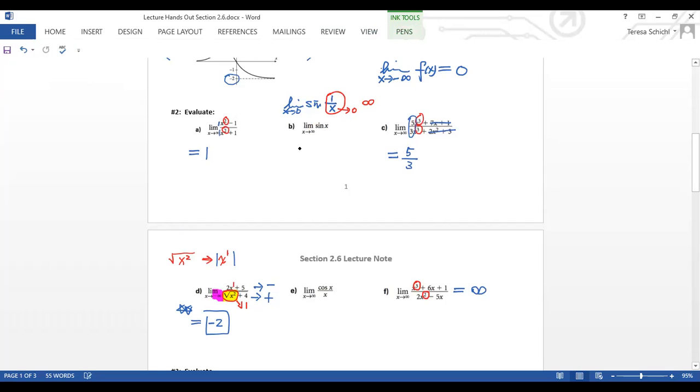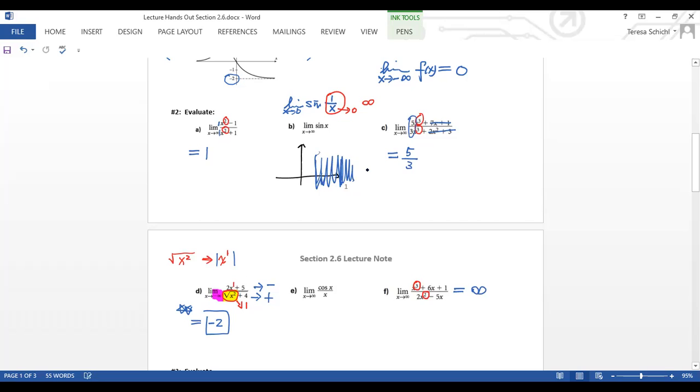So we also know the sine, when we talk about going to infinity, right? So the sine function, what is going to happen here? It's going to go like this.